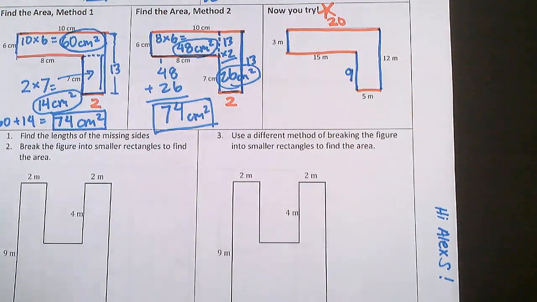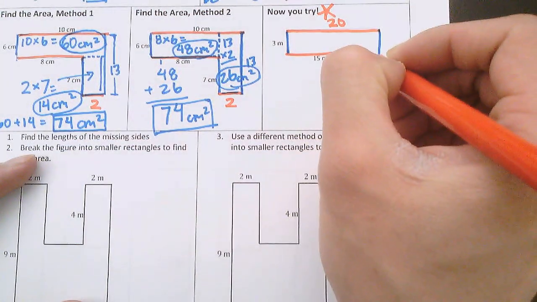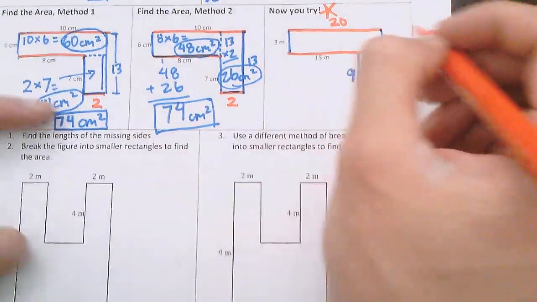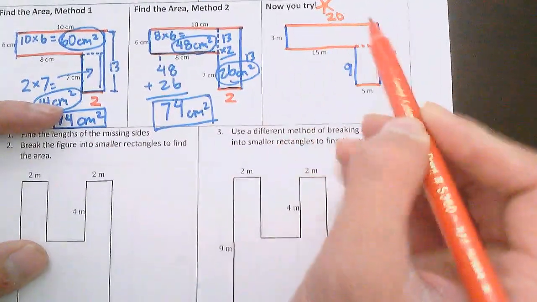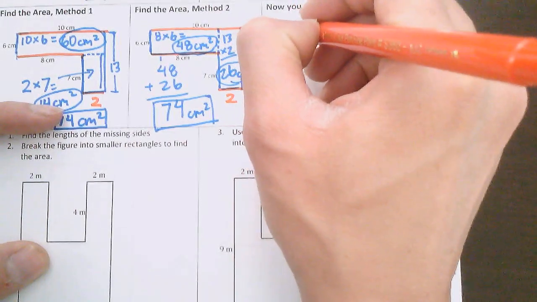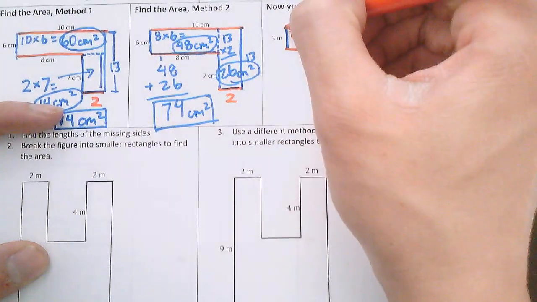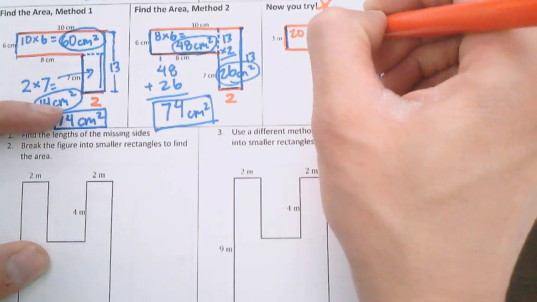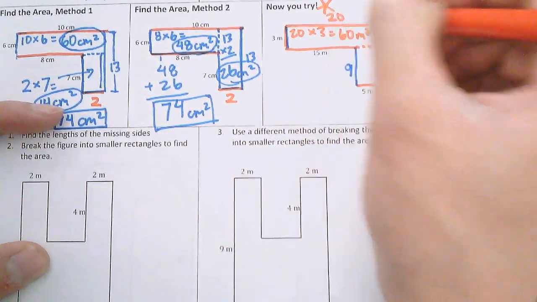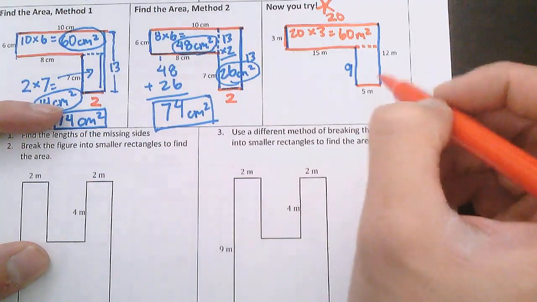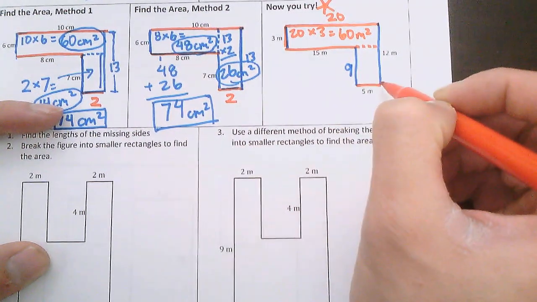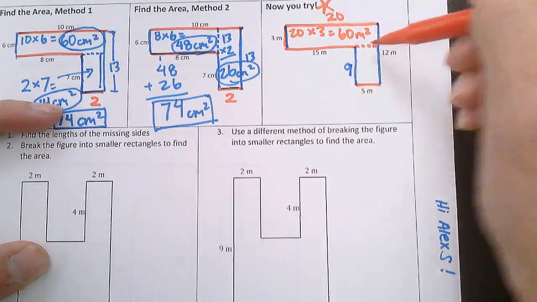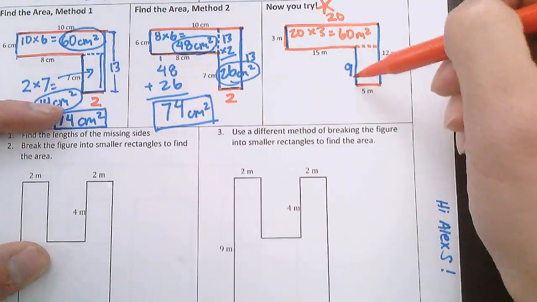And I'm going to split the rectangles this way. My base is all of this, which is 20, times my height, which is here, which is 3. So 20 times 3, this top part is 60 meters squared. This rectangle on the bottom, my base is 5. My height is not 12, because 12 is all of this side, but I just want this short segment here, which is 9.